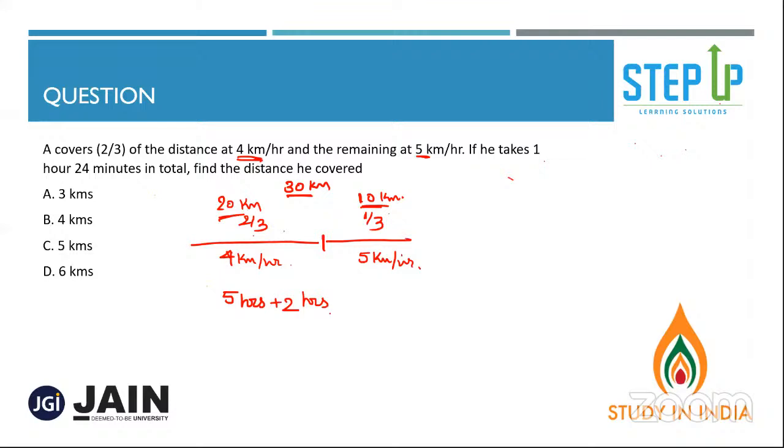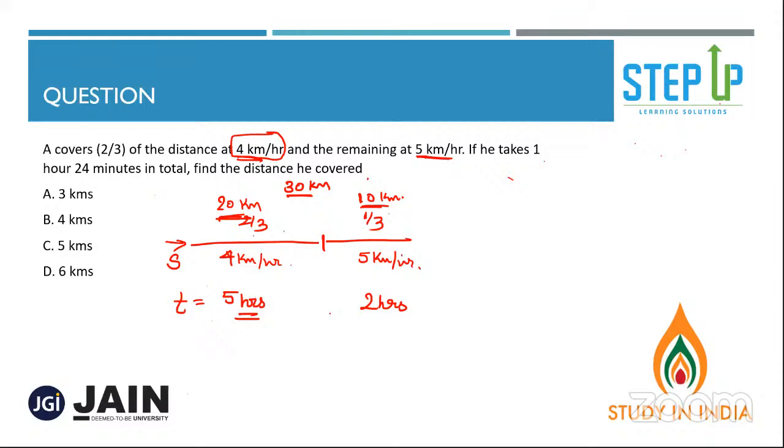Right. Now, this two-third of the distance, that is 20 kilometer, I'm traveling at the speed of 4 kilometer per hour. That's my speed. It means that I would have taken 5 hours. And this one-third of the distance, that's 10 kilometer, I'm traveling at the speed of 5 kilometer per hour, which means that I would have taken 2 hours.